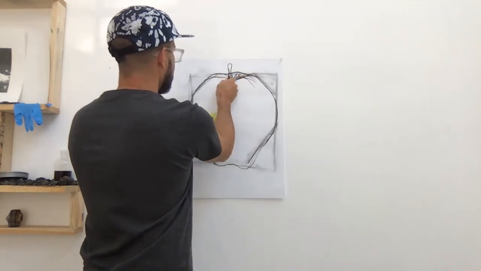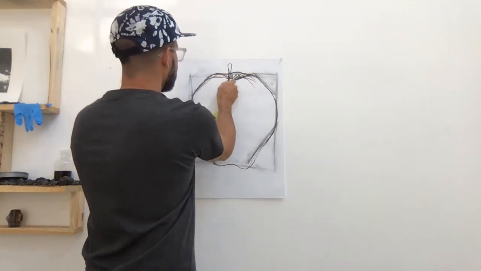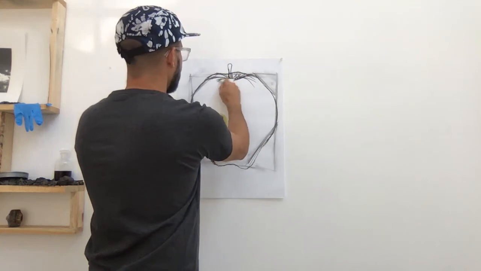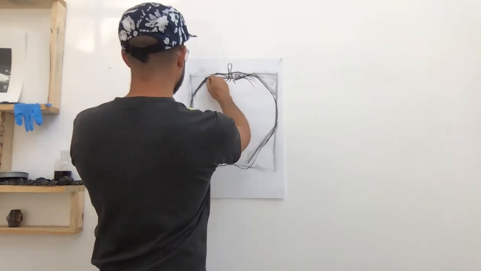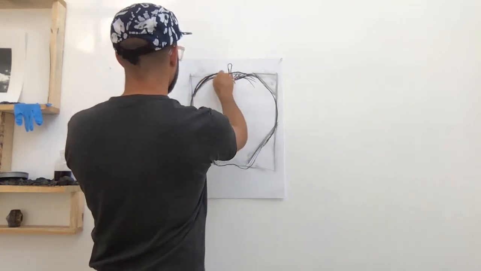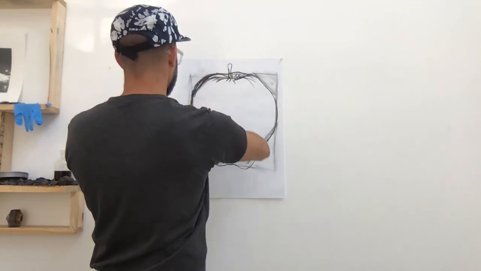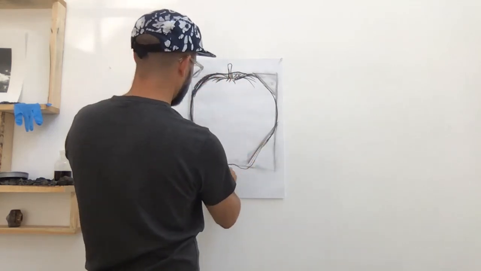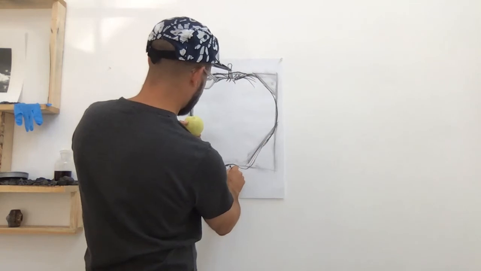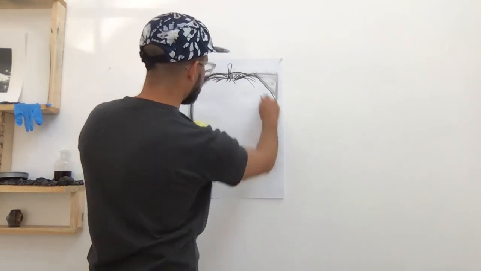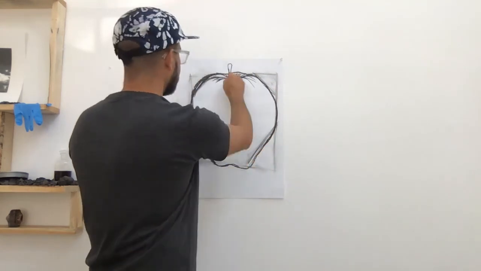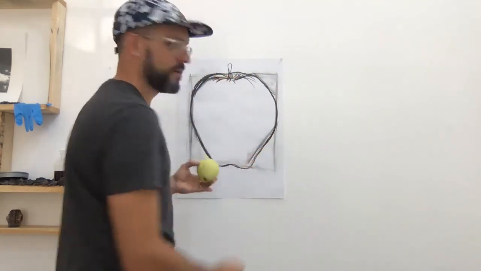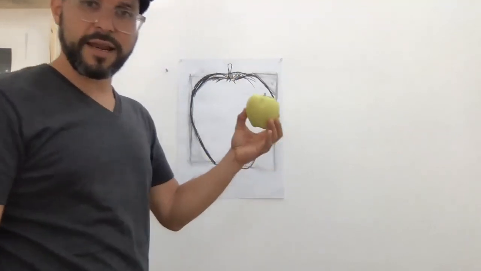The stem is sort of the epicenter of those lines and how they come out and around this object, right? So with this, then, you want to continue to compare the contours with what you see, strengthen your lines a little bit, think about how it meets the surface, and continue that form all the way around. All right, so this is a pretty good start to getting that apple.